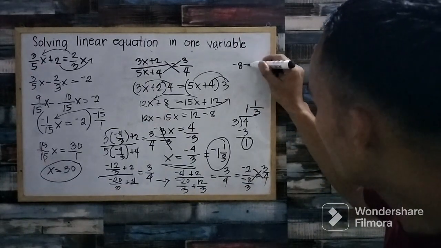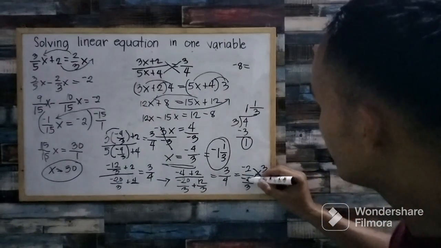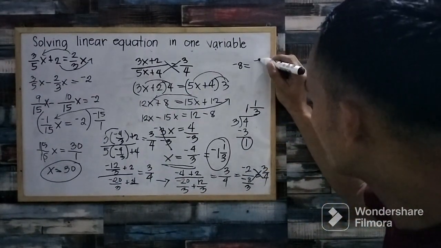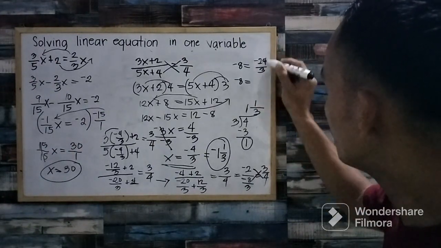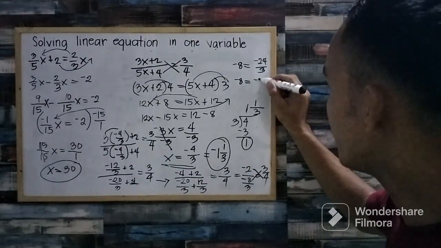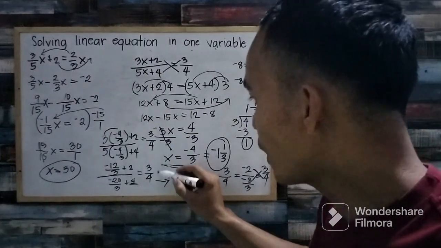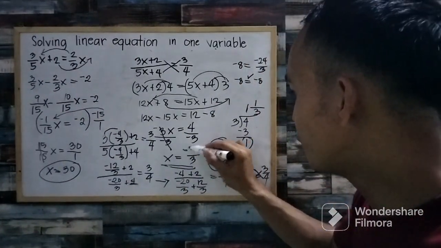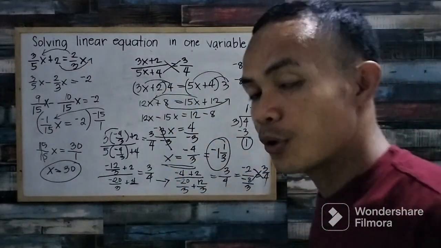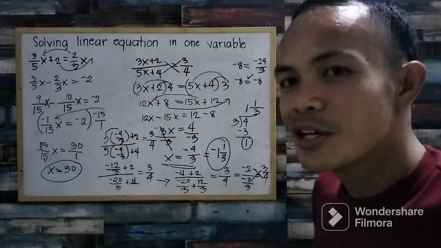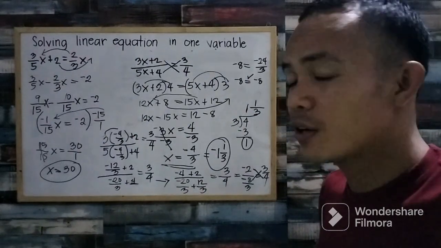Okay, negative 8 equals to 3 times negative 8, that is negative 24 over 3. So this negative 8 is equal to negative 24 divided by 3 is negative 8. So we have that negative 8 is equal to negative 8. So that means our answer here, which is negative 4 over 3 or negative 1 1/3, is the solution of our equation. Alright? So that's all for our lesson about solving linear equation in one variable.